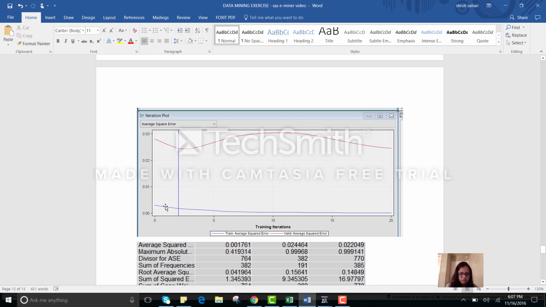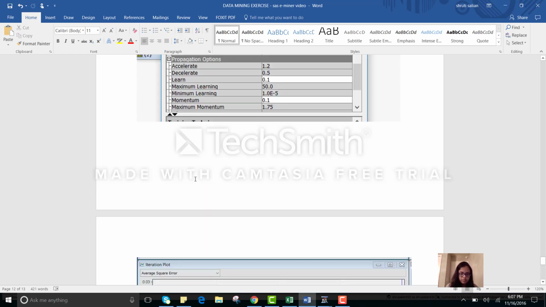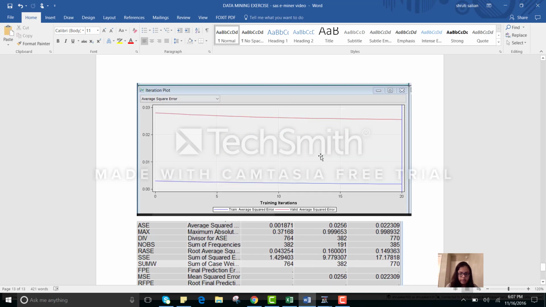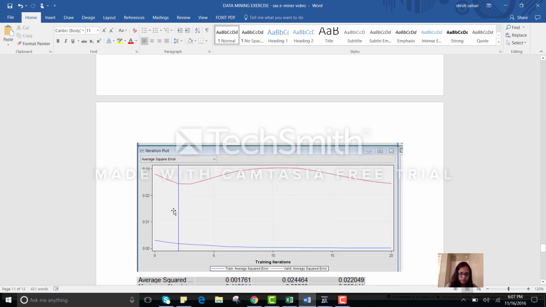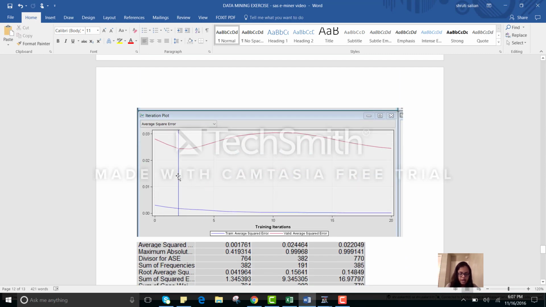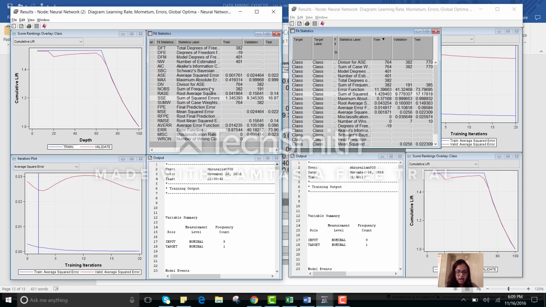So we can see that with 0.9, this is the global optima, and this is a weight at iteration 2, and with 0.1, the weight is found at iteration 20. And as 20 was the maximum iteration, this one, which is iteration 2 for a learning rate of 0.9, is the better one. So a high learning rate of 0.9 gives faster learning of the weights, and it also gives lower errors.